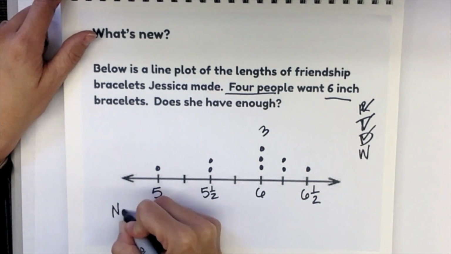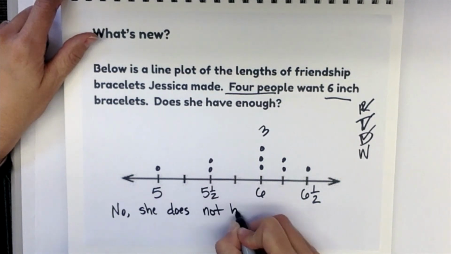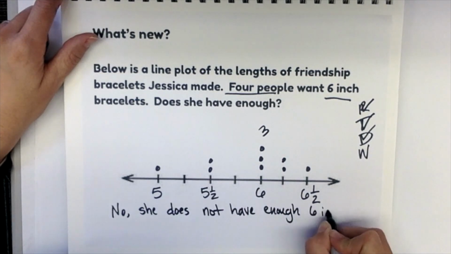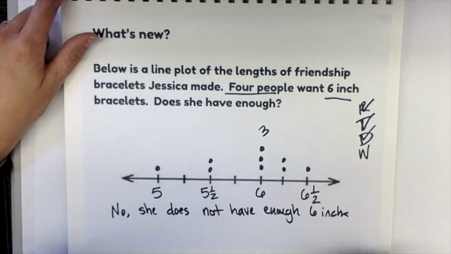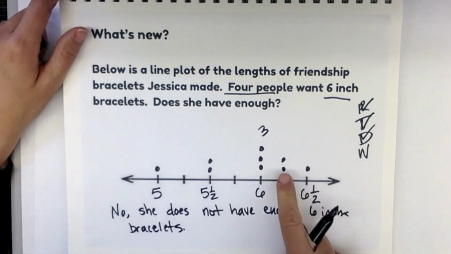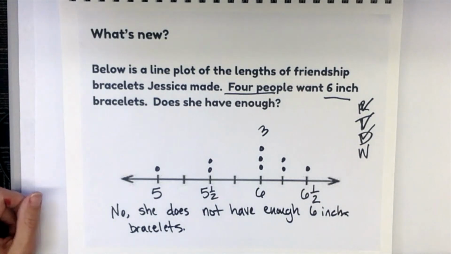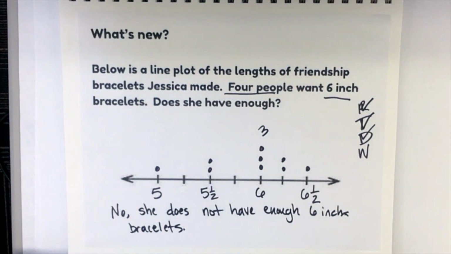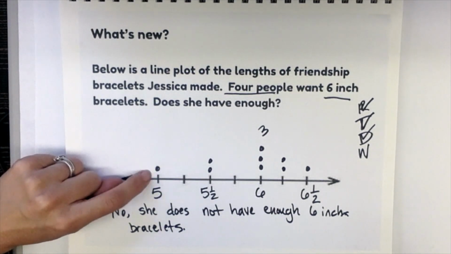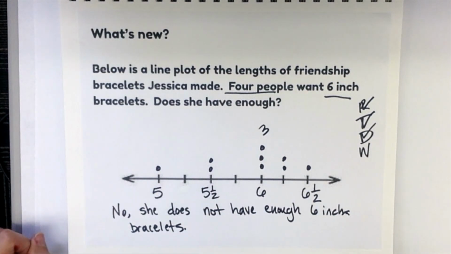So no, she does not have enough 6-inch bracelets. She does have 6 1/4, so maybe she could convince somebody to use one of those, but she does not have enough 6-inch. And it looks like 5 over here is an outlier. It's kind of on its own way on this end of our line plot.